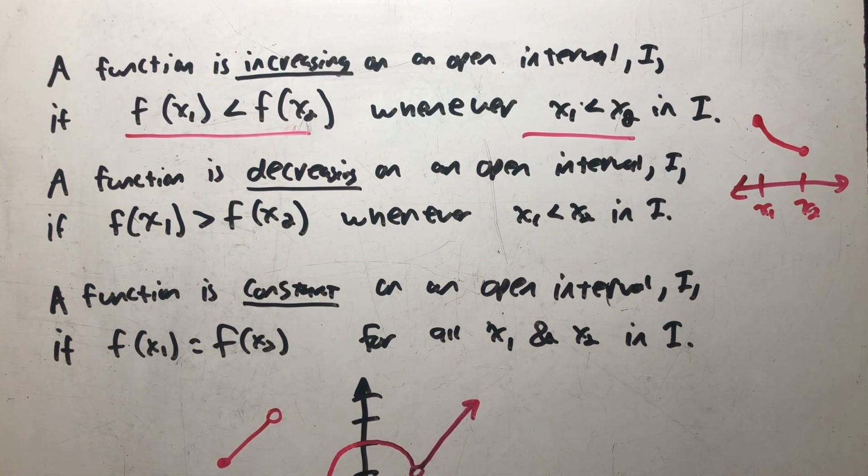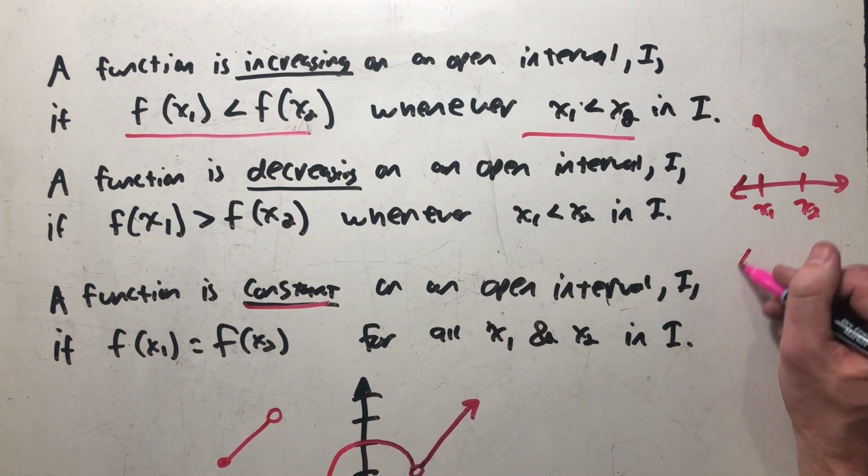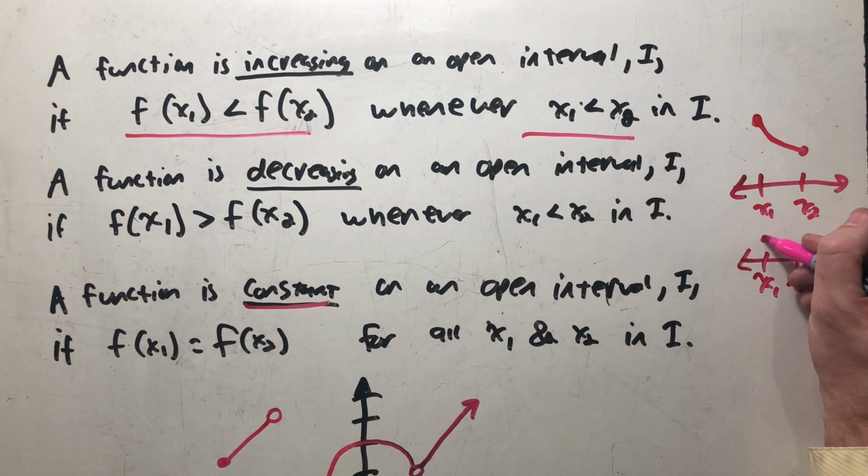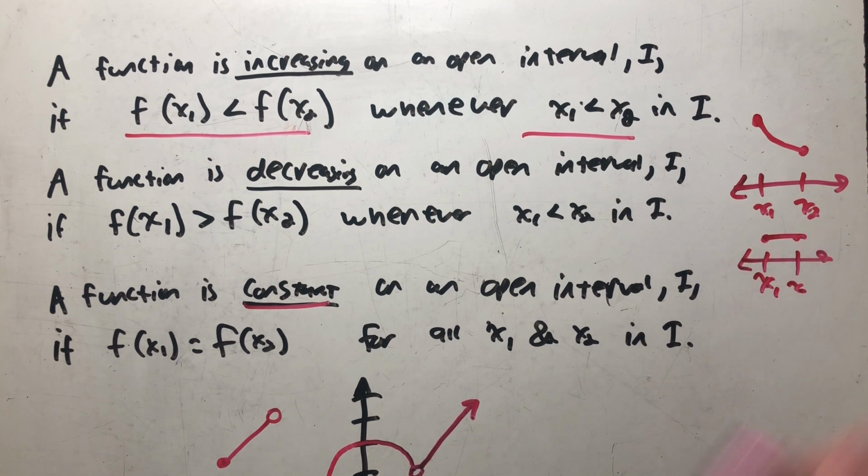And then finally, on intervals where I'm constant on an open interval, every choice of x gives me the same y value. Meaning, if I have x1 and x2, all the y values have to be at the same height.